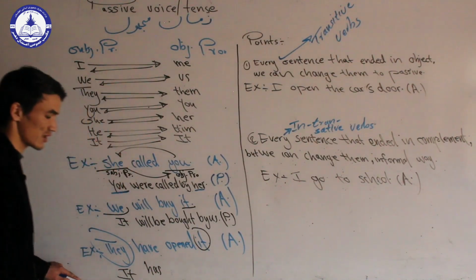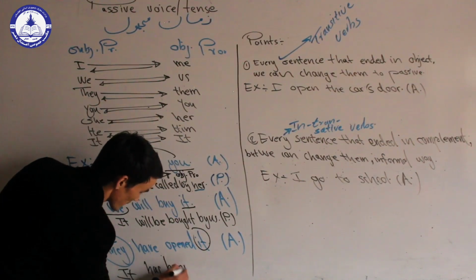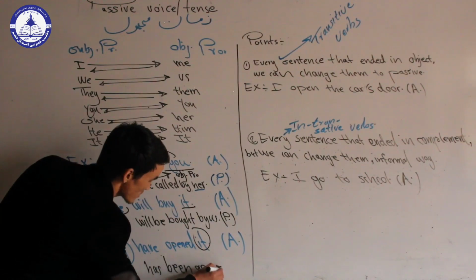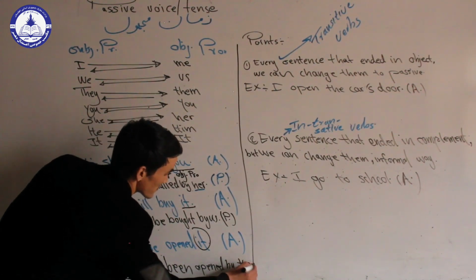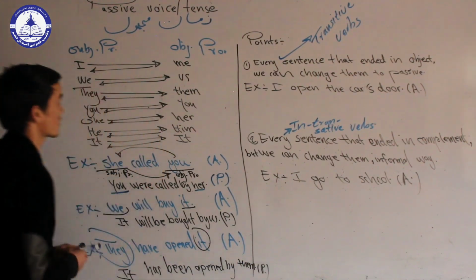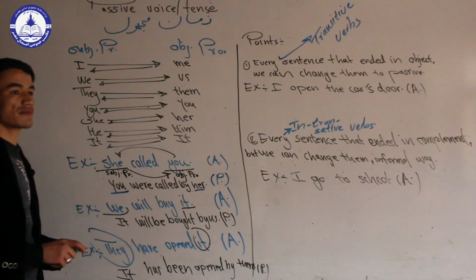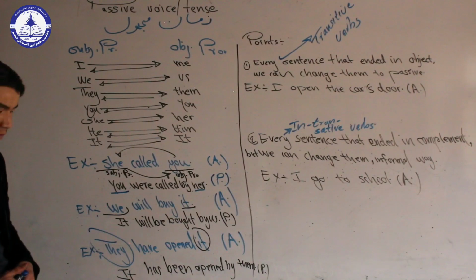I've told you, in perfect tense we must use "been". It has been opened by... they change to what? Them. It is passive form. So it's all about changing subject pronouns to object pronouns and object pronouns to subject pronouns in passive forms.